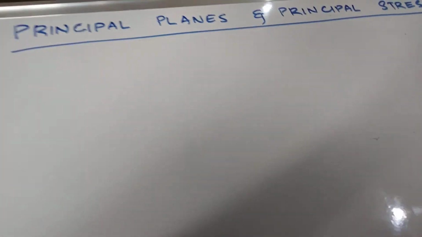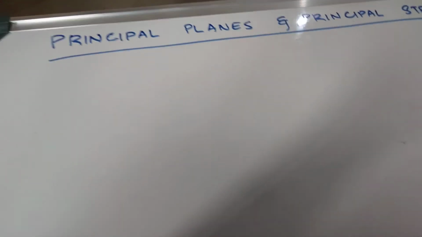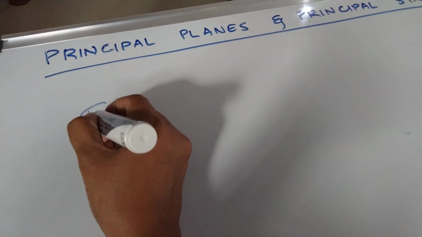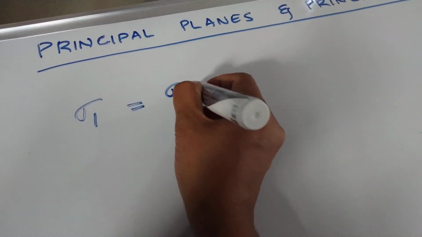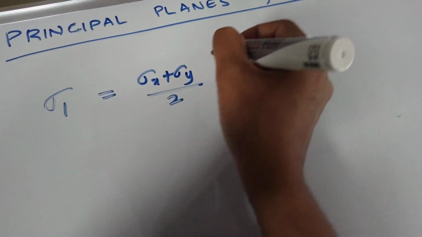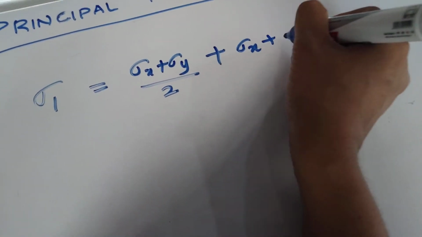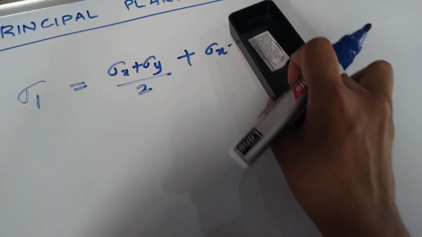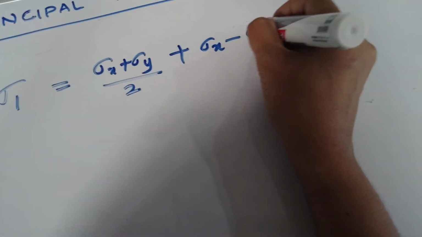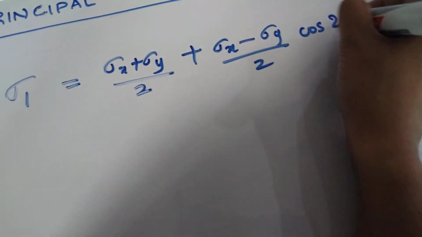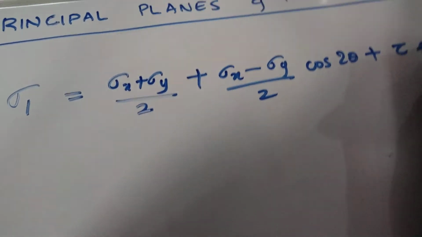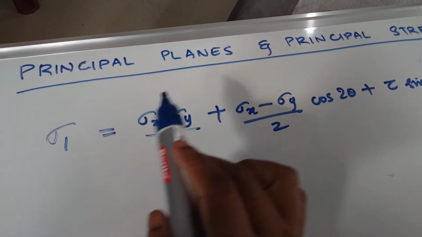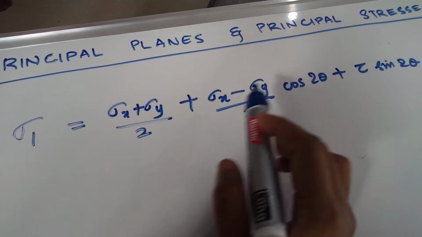Now substitute the values of cos 2 theta and sin 2 theta in the sigma n equation, that is sigma 1 is equal to (sigma x plus sigma y)/2 plus (sigma x minus sigma y)/2 cos 2 theta plus tau sin 2 theta. Substitute the positive values of cos 2 theta and sin 2 theta for getting sigma 1 and negative values for getting sigma 2.